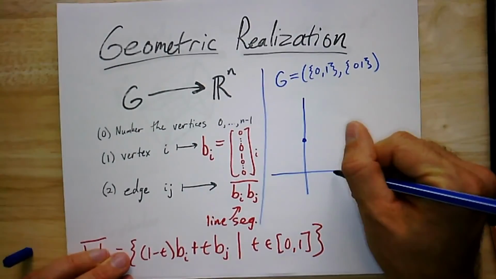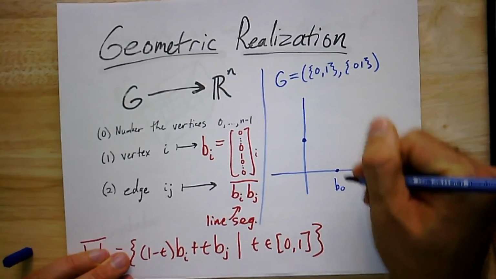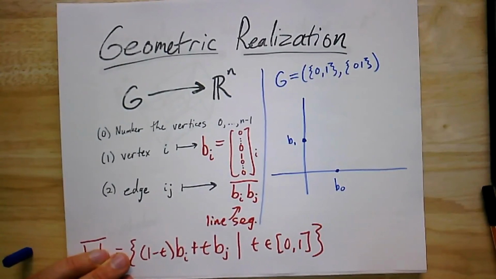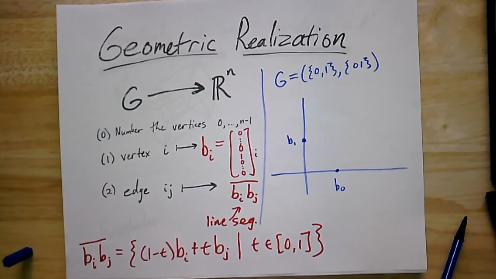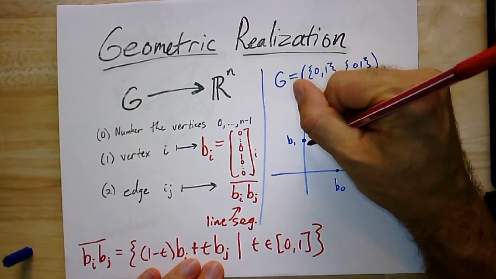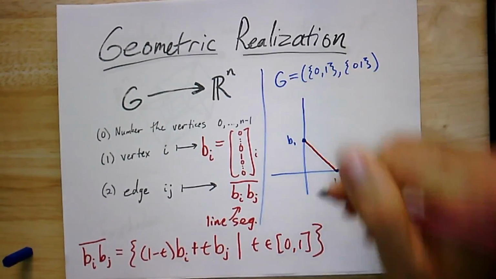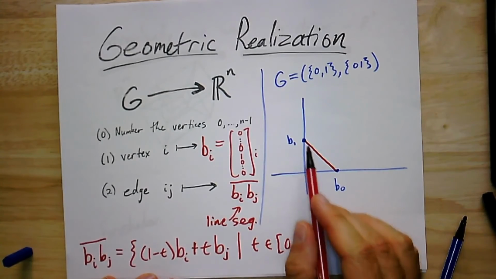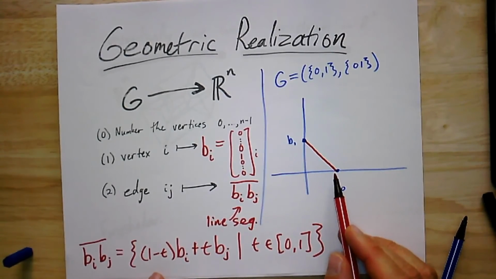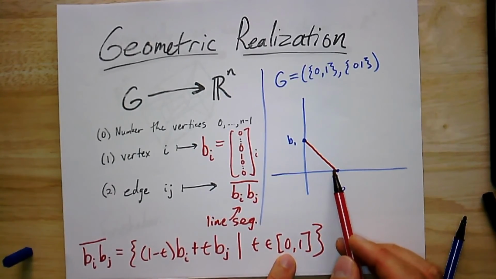And I've got the standard basis vectors b_0, b_1, and the edge here is going to be this line segment. And again, all the points on here you can parameterize by t as it goes from 0 to 1.